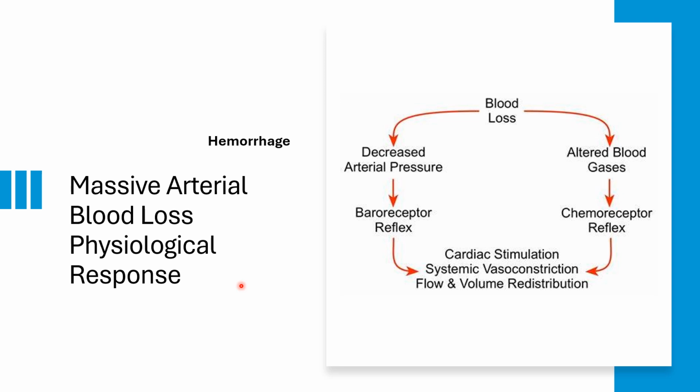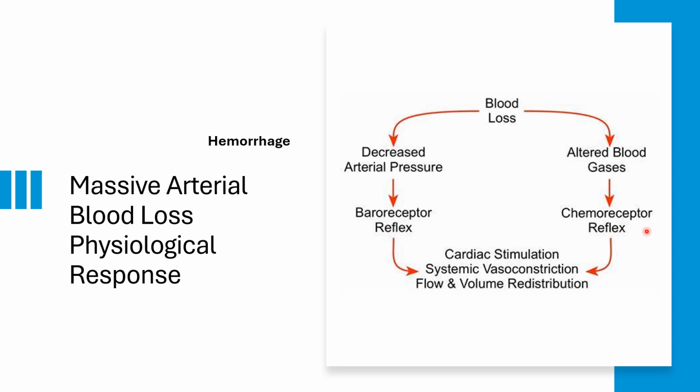Massive arterial blood loss is another issue altogether. And although we called the last slide hemostasis, returning a capillary to normal, now we're talking about hemorrhage. We're talking about massive blood loss, which will alter the blood gases because you're going to signal to the body that you have a lower oxygen level because you have fewer red blood cells.